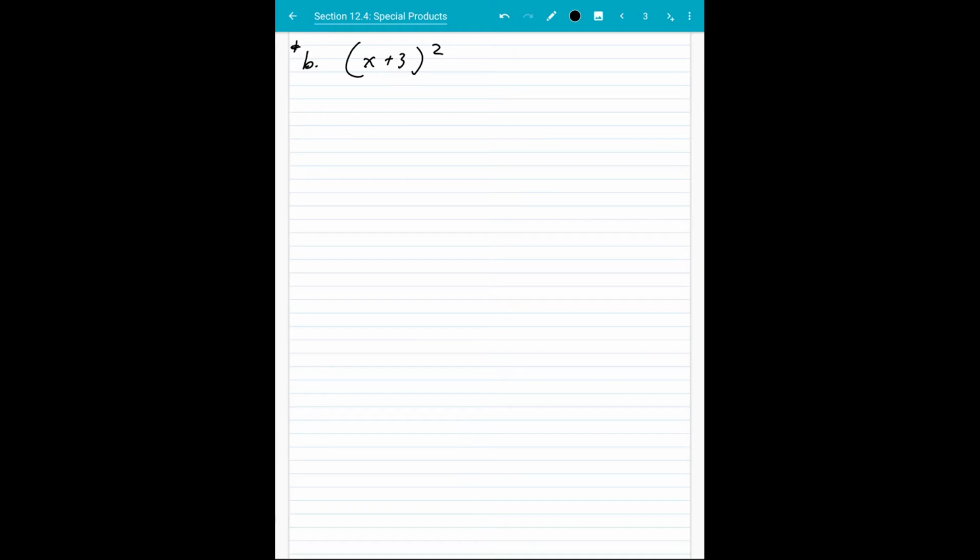All right. So for one thing, I didn't mention in the other section, but remember if you have 3x squared and we distribute that square to both, that would then give us 9x squared. But if you have 3 plus x squared, you cannot do this.